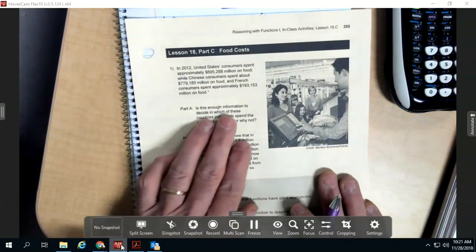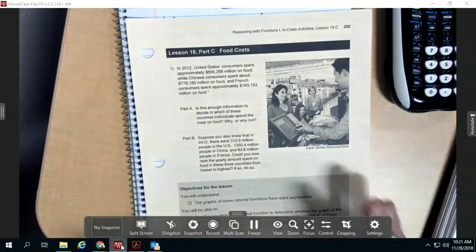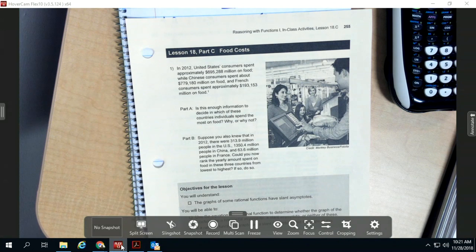Is this enough information to decide which of these countries' individuals spent the most on food? So that's how much the country spent. Could you tell which one spent the most on food? Per person. No, because you don't know how many people lived in each of those countries.